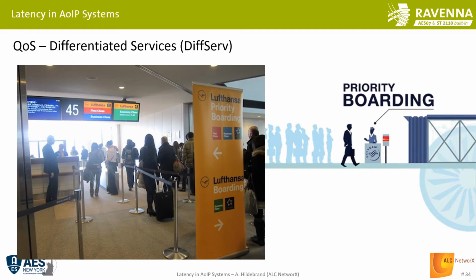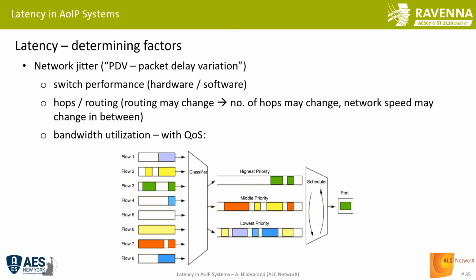Now, we still have a problem if we don't look at the bandwidth utilization on the egress port, because if we try to squeeze more prioritized traffic through a particular link than we have bandwidth, we still have a problem, because we can't accommodate all those business class passengers if the business class capacity is being filled up.